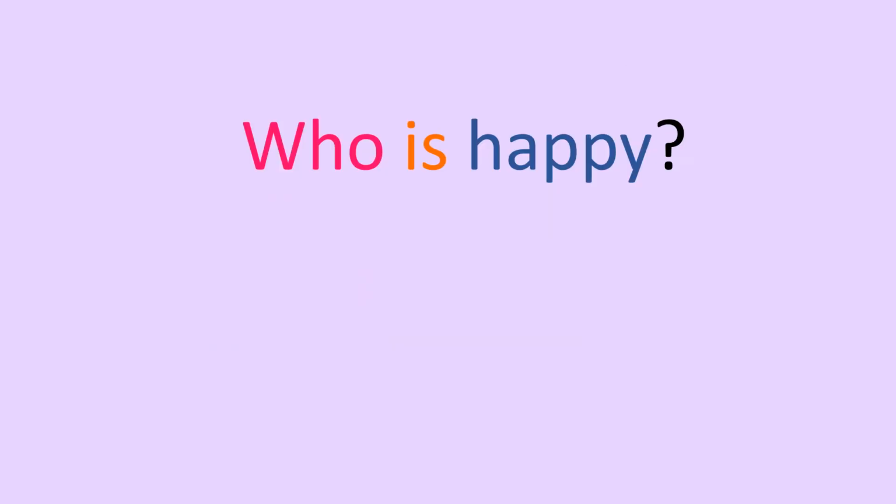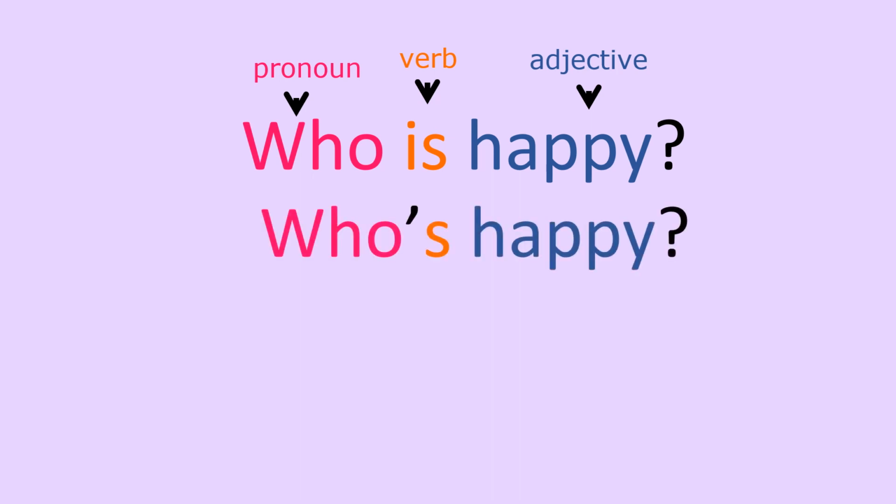In this sentence, who is happy, we've got that pronoun, we've got that verb, and we've got an adjective again. If we want to squash our who and our is together, we can, and we get the sentence, who's happy. These contracted forms are often a feature of speech. We tend to use them more when we're speaking than when we're writing.